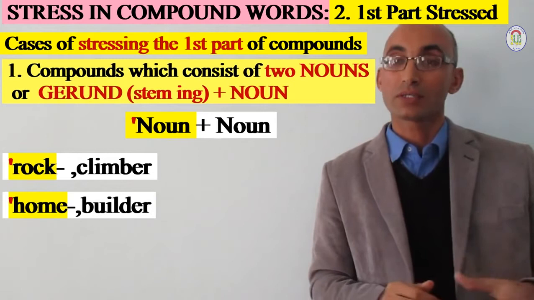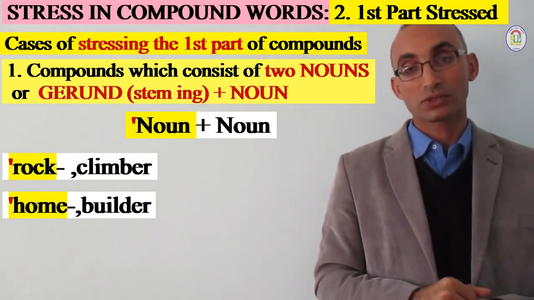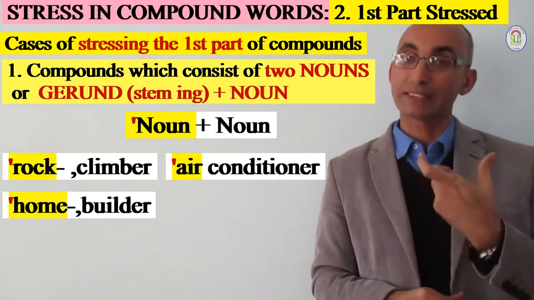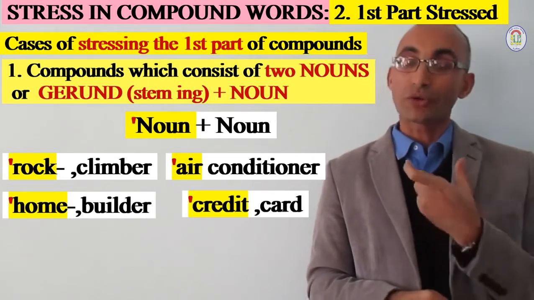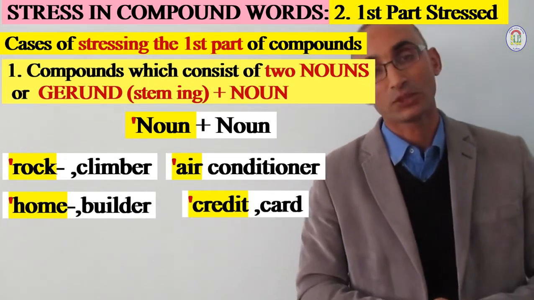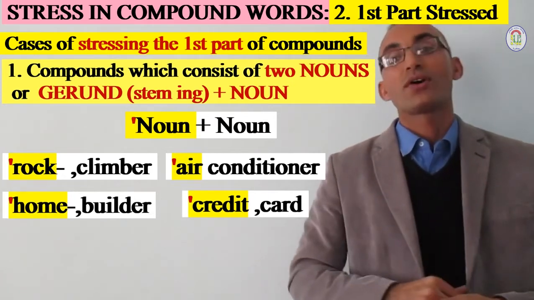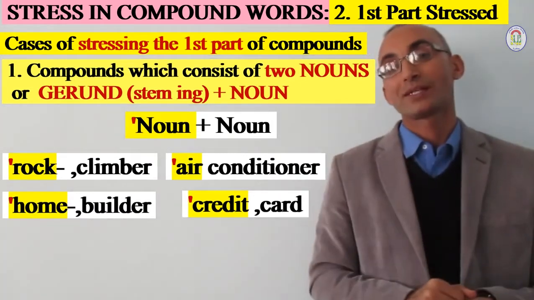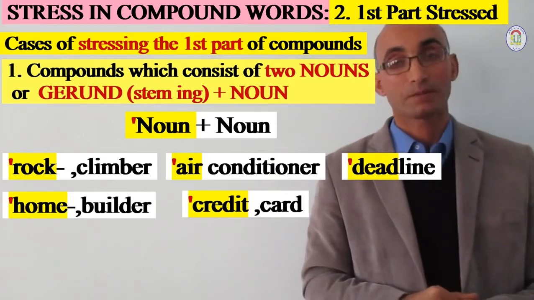Now for open compounds or noun compounds, air conditioner, we stress the first part always, air. Credit card, we stress credit, always the first element in this compound noun. Also for closed compounds, we can mention deadline, we stress dead, the first part. Clear?